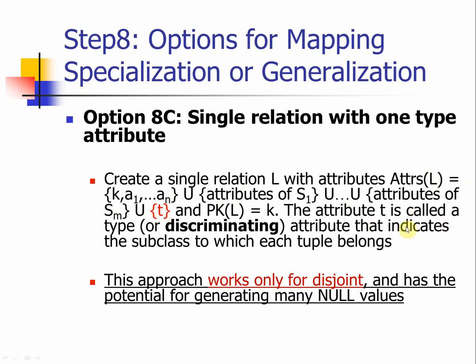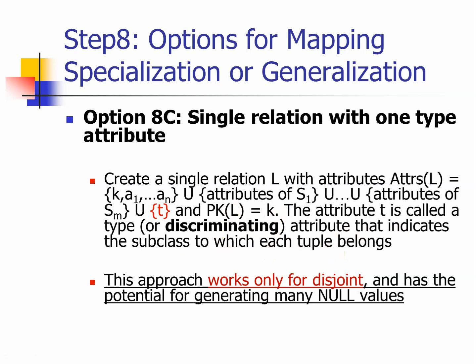The attribute T is called a type or discriminating attribute that indicates the subclass to which each tuple belongs. The primary key would be the original primary key of the superclass, of course.